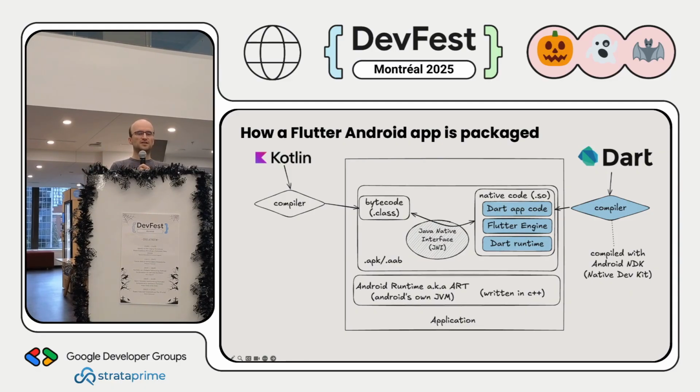So you'll get your Dart app code as native code in your package, but you also have the Flutter engine that's also native code because we saw it's written in C++, and the Dart runtime, which is also built in native code in the package. So you have all of that within your application bundle, and it can talk with the native APIs, with JNI, or directly with native code to interact with the system. So that's how it works on Android.